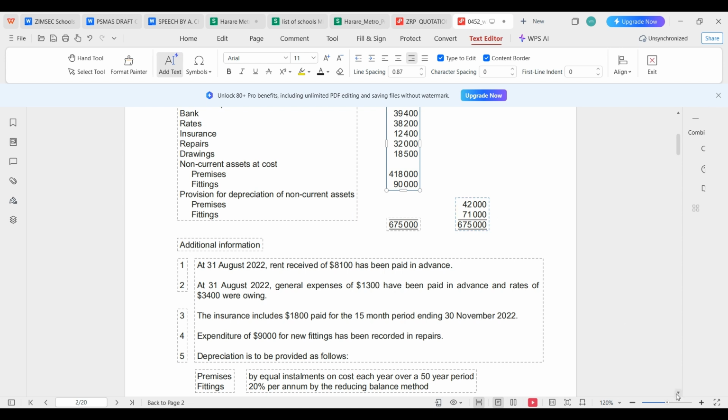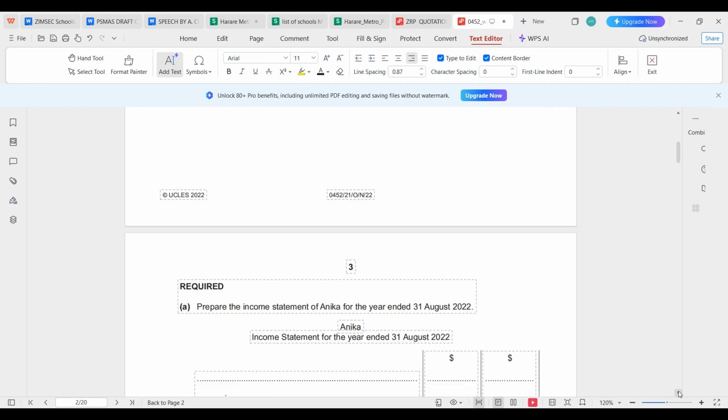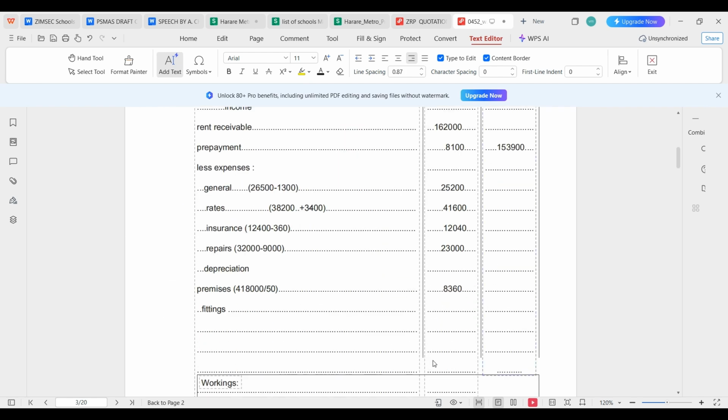Since we are using the reducing balance, for fittings we're going to say 99,000 minus 71,000, which is our provision for depreciation, multiplied by the 20% rate.